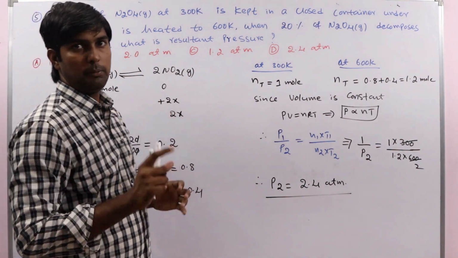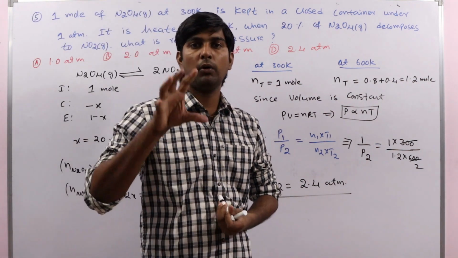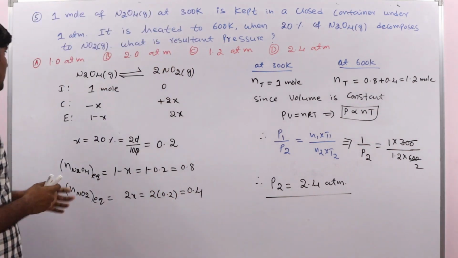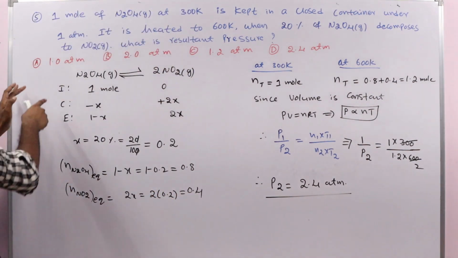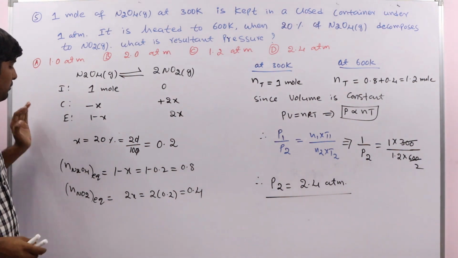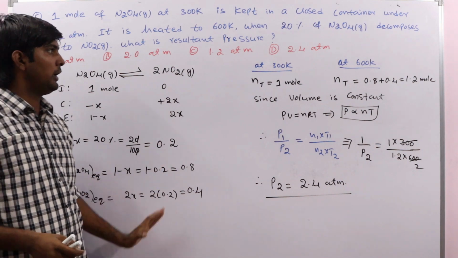All the five problems discussed are of different types and very important. First we constructed the ICE table, and from that we calculated the equilibrium moles of N2O4 and NO2.